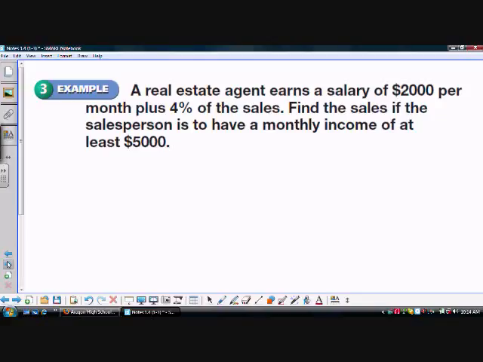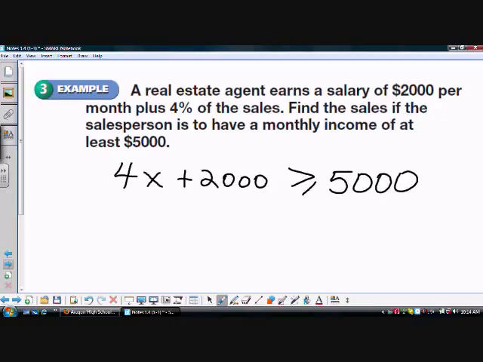4x plus 2,000 is greater than or equal to 5,000. What is x standing for? Percent of sales.